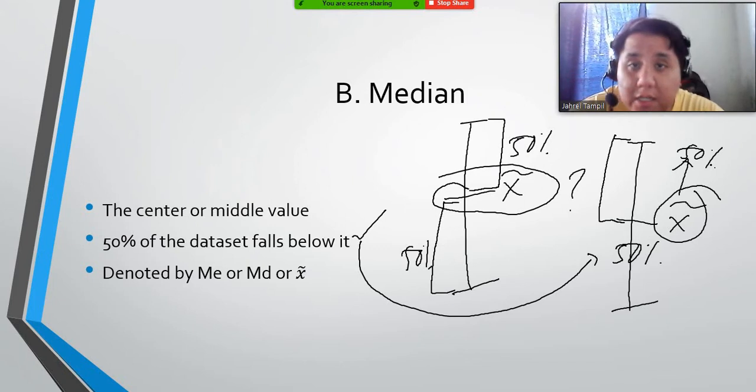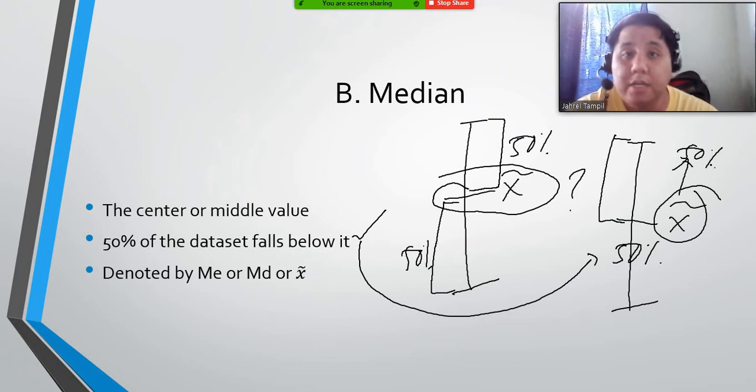So it's like saying that the median is the lowest score among the highest scorers in our dataset. Again, this is something that is debatable. However, in our course, this is what we will follow.